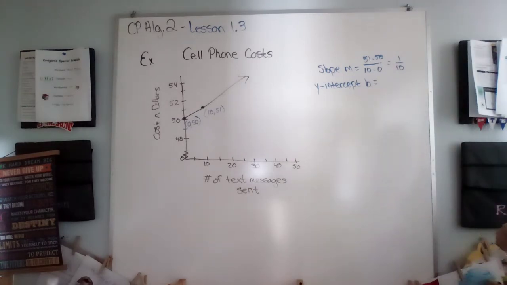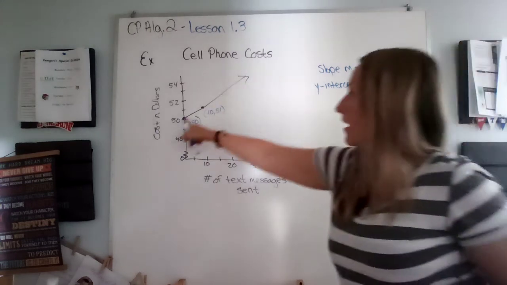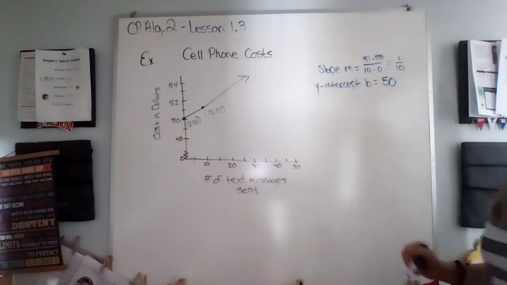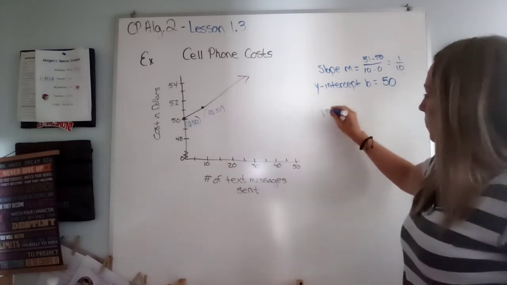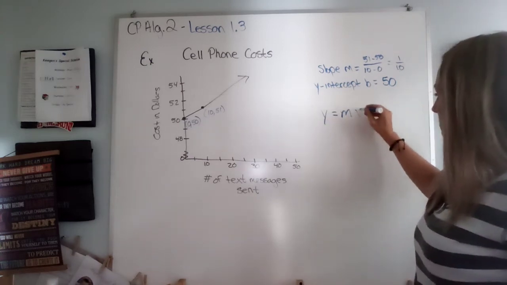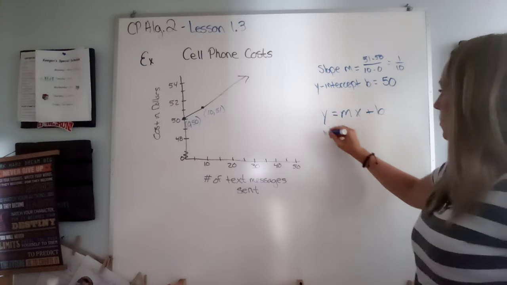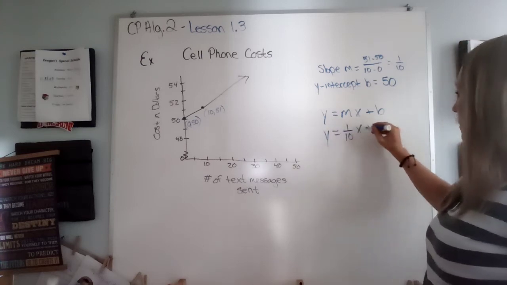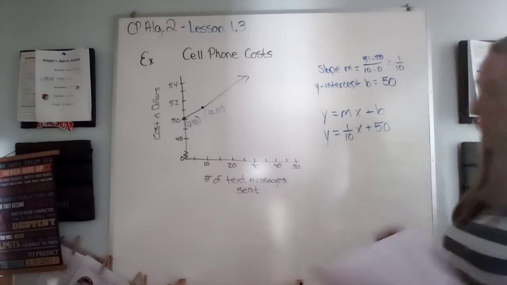Now your y-intercept, where does the line cross the y-axis? It crosses it at 50. We don't even have to do any calculations. We can just look. So your equation, y equals mx plus b, y equals 1/10 x plus 50. Okay?